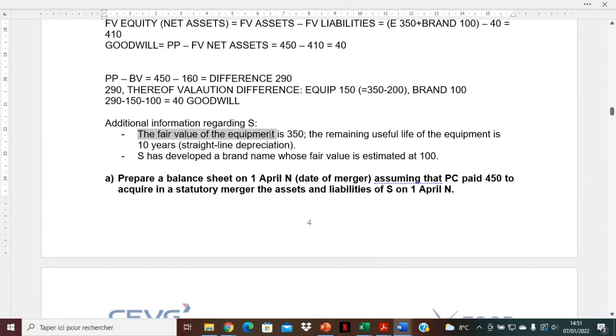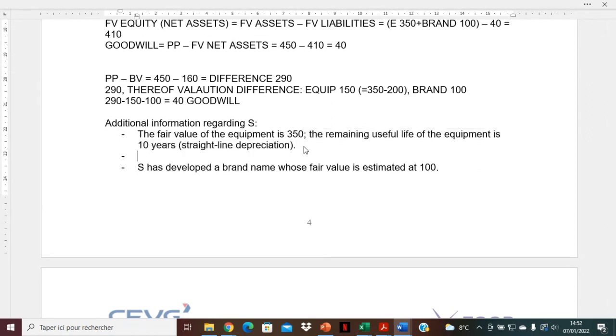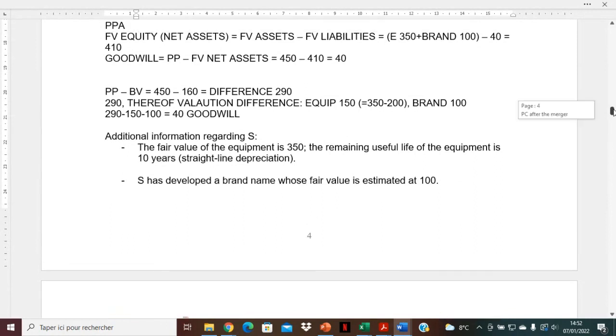I also have a valuation difference that relates to equipment. Here we have to be careful. I know that the remaining useful life of the equipment is 10 years, and we use straight line depreciation. But the equipment value is basically split in two parts.